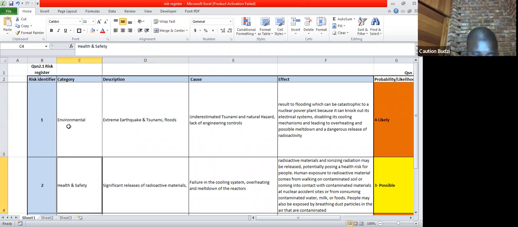Then the second category of risk which I have identified relates to health and safety.